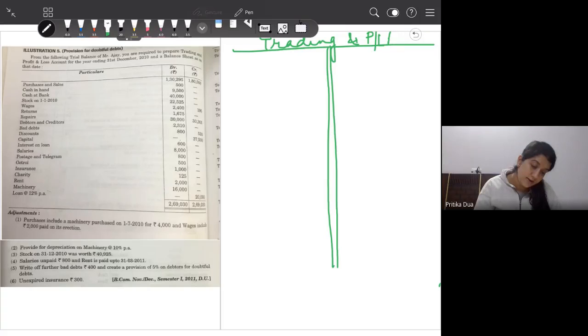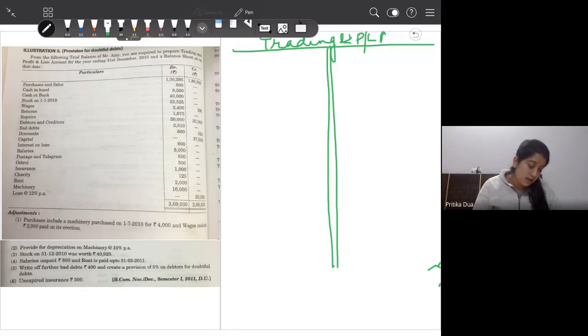Start posting the entries. I'm giving you say around 10 minutes. Start with the entry posting one by one and then I'll help you solve the question completely with the adjustment. जहां पर भी एडजस्टमेंट है उसको उस एंट्री को आप पहले ही मार्क कर लिया करो so that you know that out of all the entries here I have to make some adjustment like machinery, then wages, depreciation on machine, then stock is your closing stock.